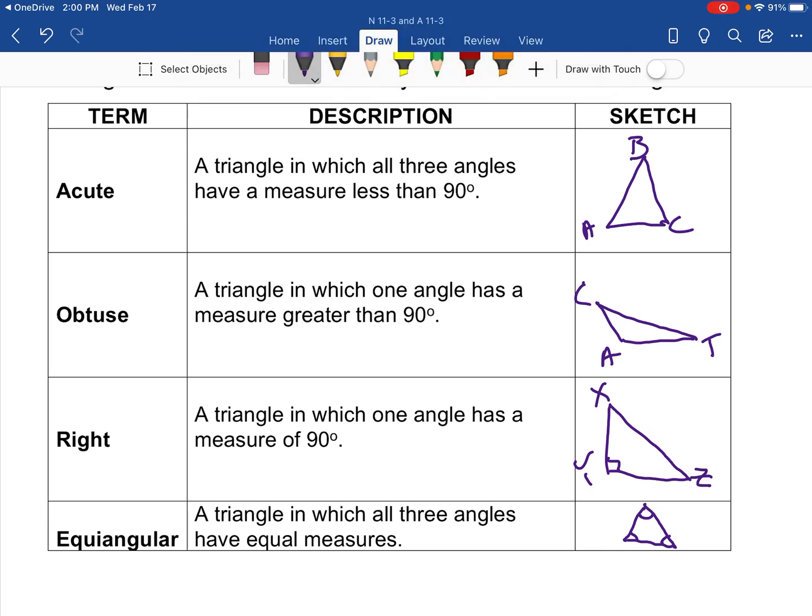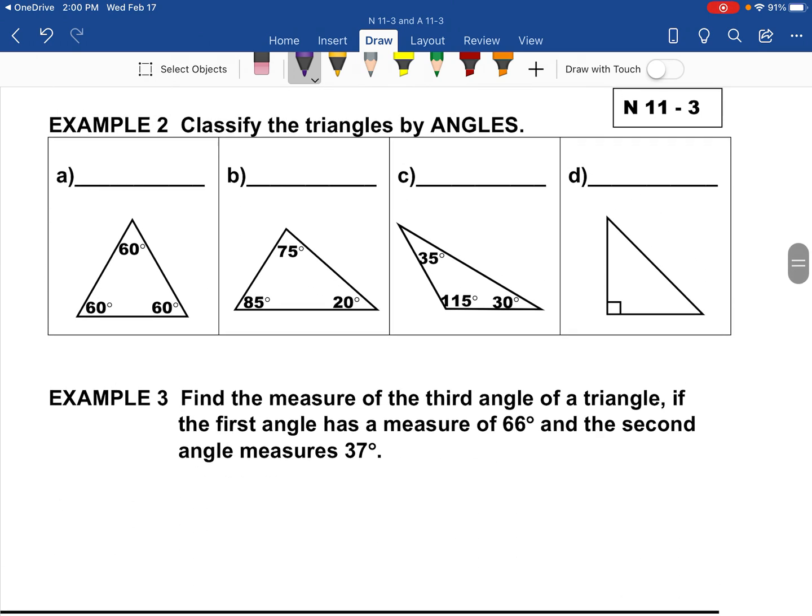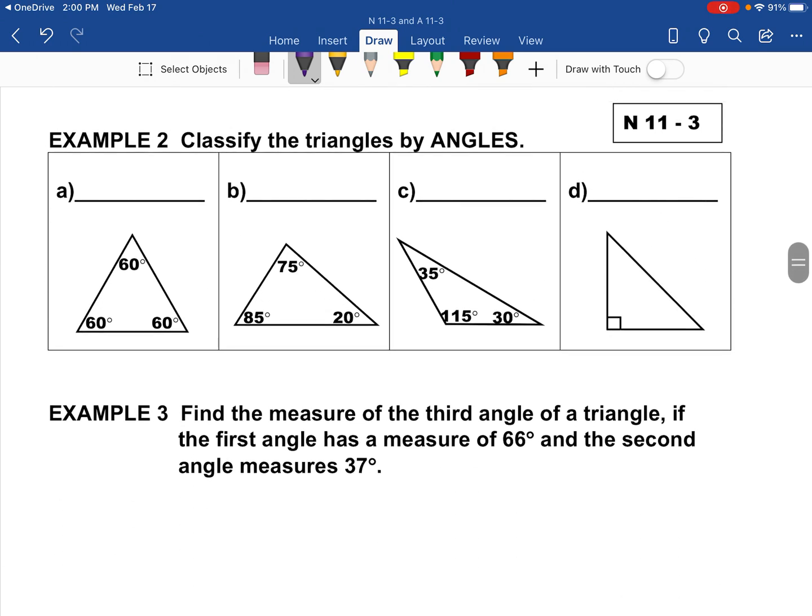All right. Let's look at example 2. So what I want you to do is pause the video and do example 2 and classify those triangles by their angles. And when you think you got it, you can hit play, see if you've got the right answer.